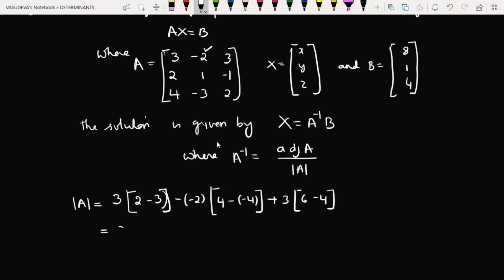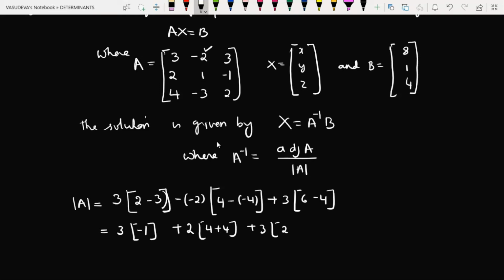That is equal to 3 into 2 minus 3 minus 1, plus 2 into 4 plus 4, and plus 3 into 6 minus 4 is 2.